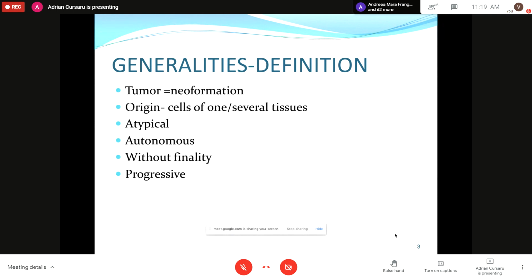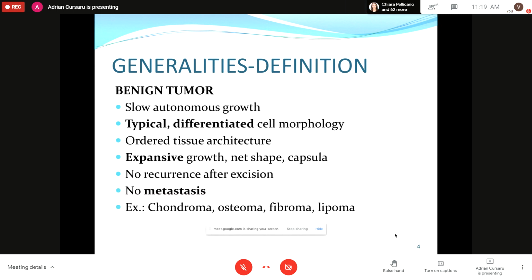It is autonomous and without a finality if we don't perform some surgical procedures that we will discuss. It is a progressive pathology. There exist some special types of benign tumors, some classifications, that have slow autonomous growth.